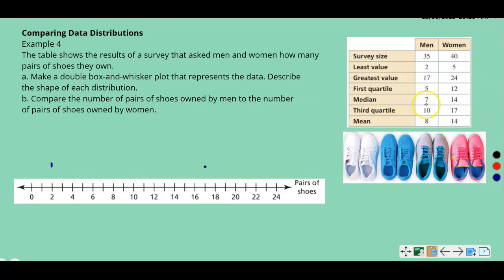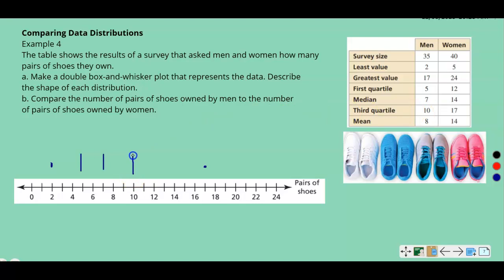Now, the median is going to be the middle of our box. So at 7 for men, we're going to go to the median. It's going to be at 7. So here's 6, 7. I'm going to draw the middle line of my box. And then my Q1, first quartile, is going to be at 5. And then my third quartile, my Q3, is at 10.